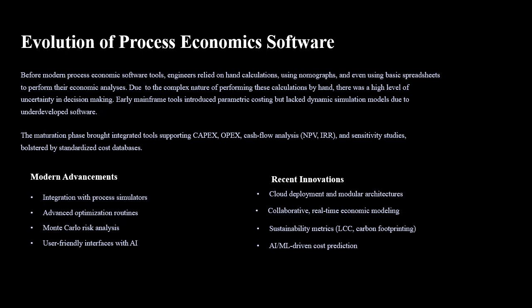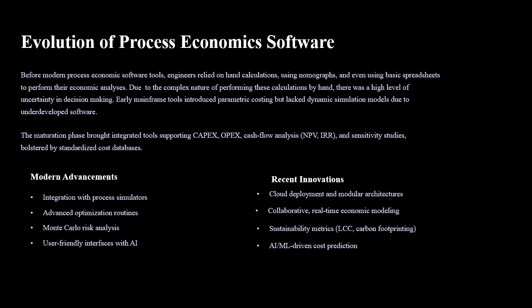In recent years, the maturation of process economic software programs has brought integrated tools that support capital expenditure and operating expenditure, which is CAPEX and OPEX, cash flow analysis, such as net present value and internal rate of return, and sensitivity studies. All these are features of modern process economic software, which make them very powerful tools and indispensable to chemical engineers.